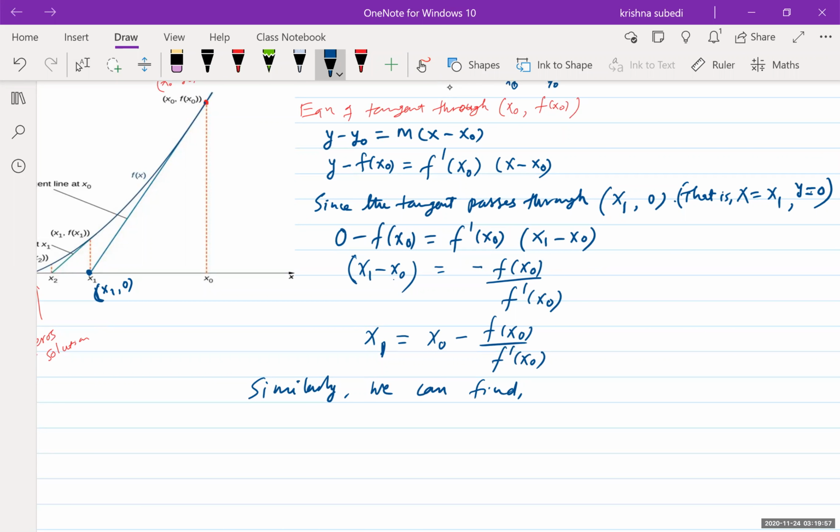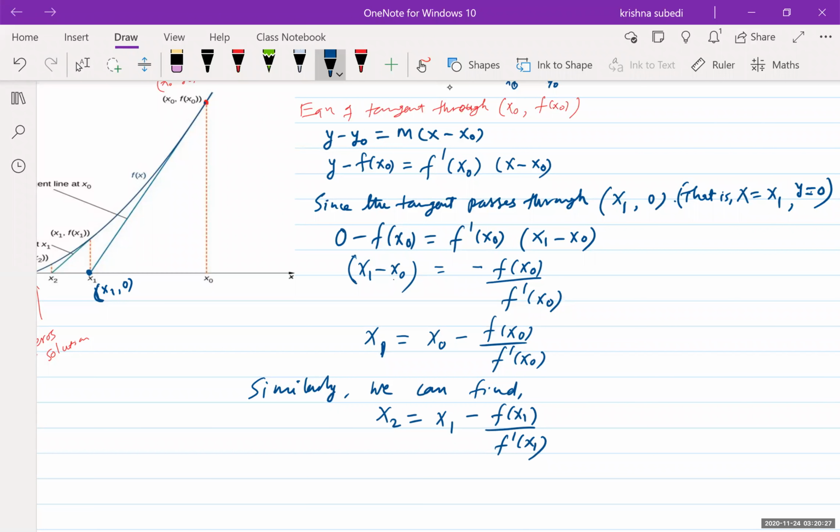When there is x1, there is x naught: x0 minus f of x0 over f prime of x0. So if I continue this pattern, what is my x2? Can somebody tell me what will be x2 there? Look at the pattern and tell me what it will be. x1 minus f of x1 over f prime of x1.